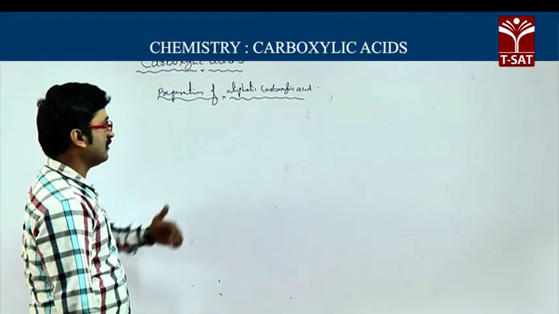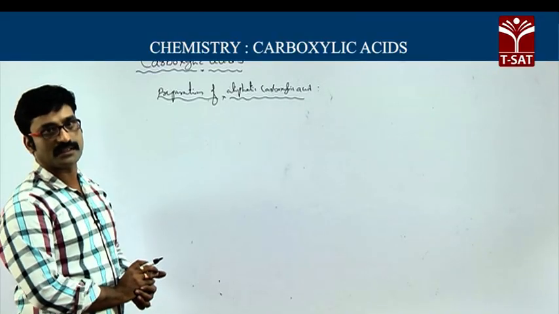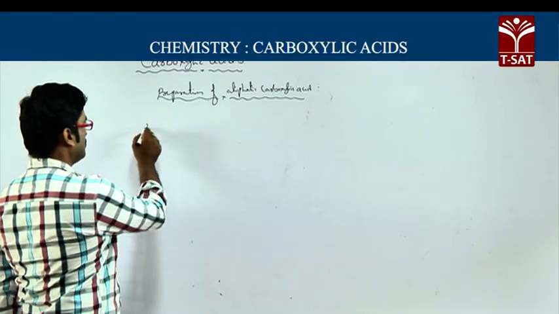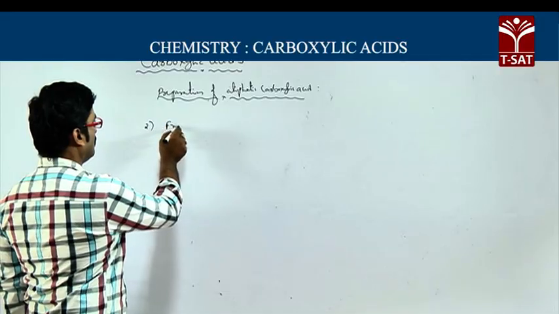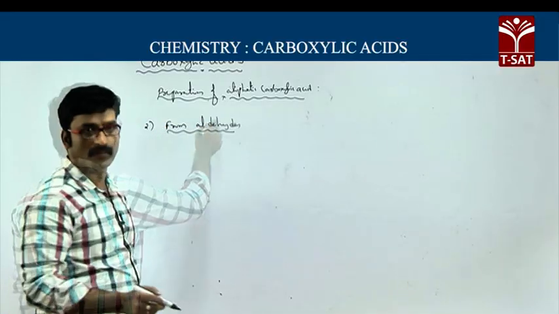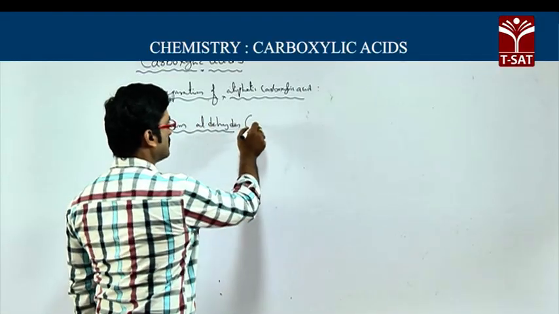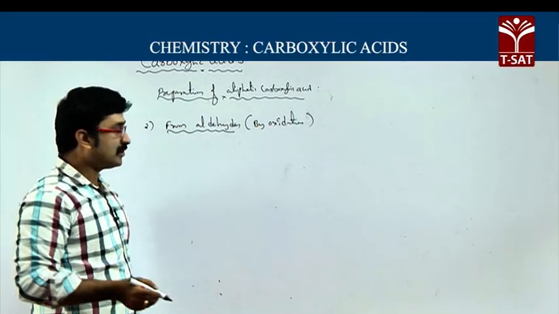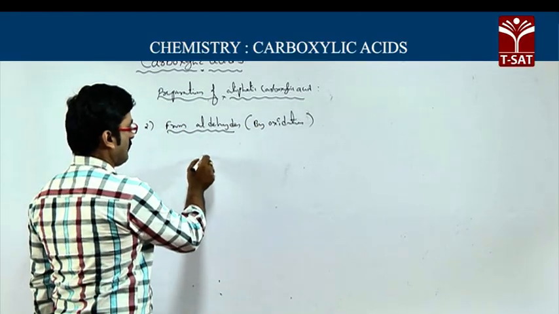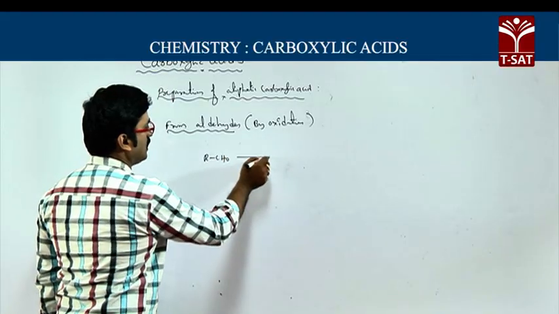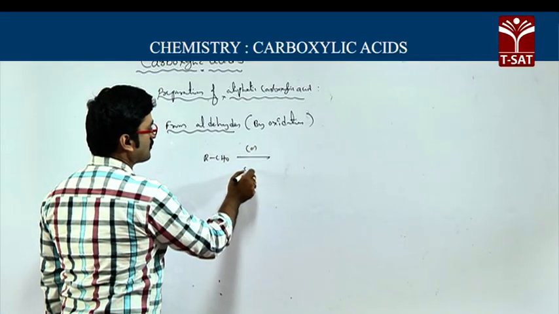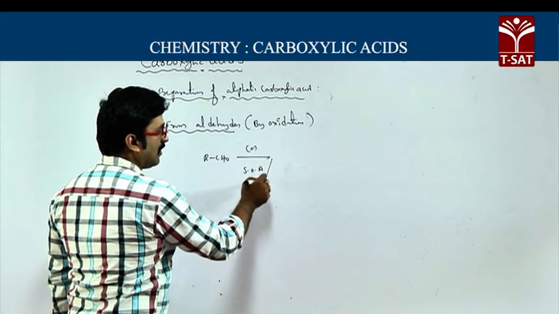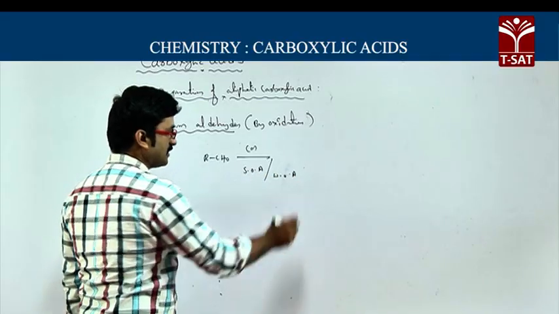Next is the preparation of carboxylic acids from aldehydes. The second one, from aldehydes, is also by oxidation. You know that aldehydes undergo oxidation with strong oxidizing agents or else weak oxidizing agents.